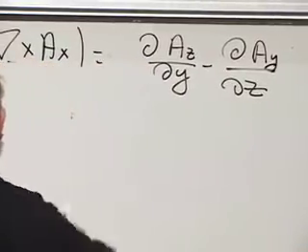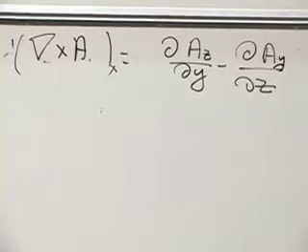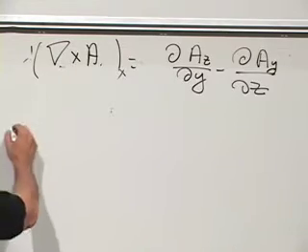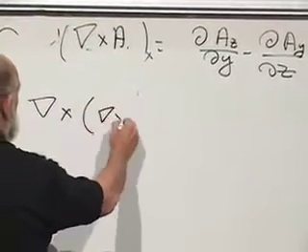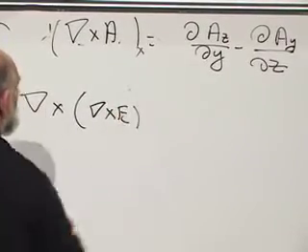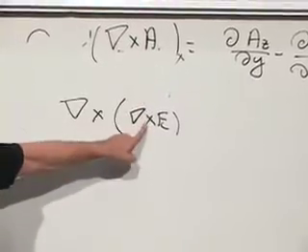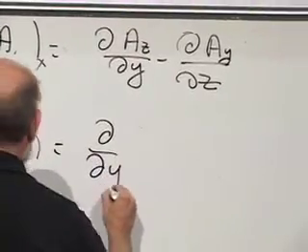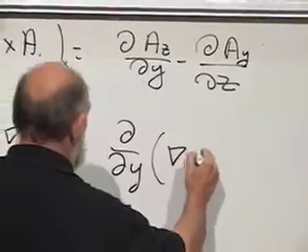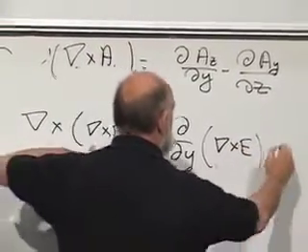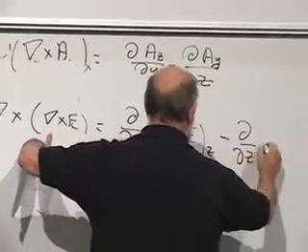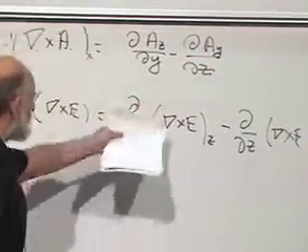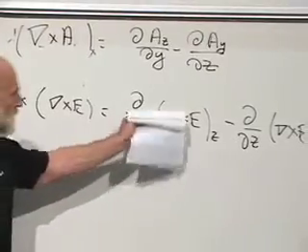We are taking the x component of del cross A. Now we want the x component of del cross E. That means wherever I see A, I substitute del cross E. That's going to give me d by dy of the z component of del cross E, minus d by dz of the y component of del cross E. But now we substitute for these components the same trick.